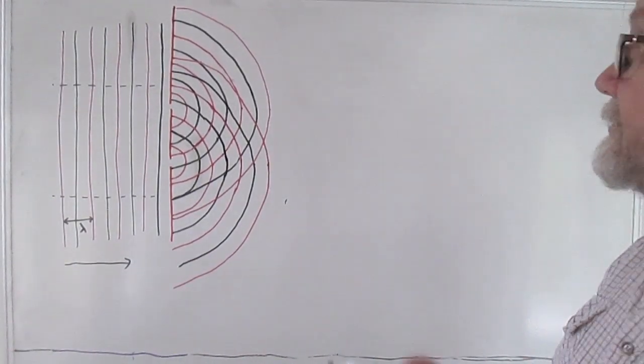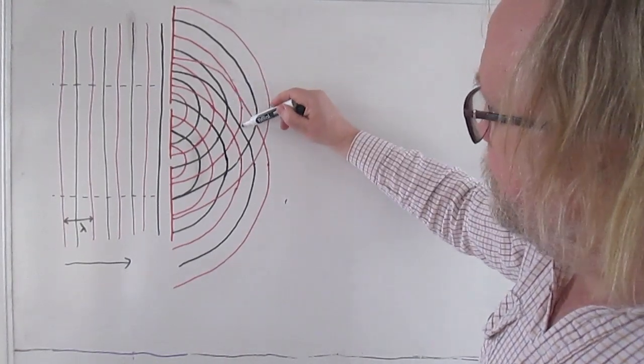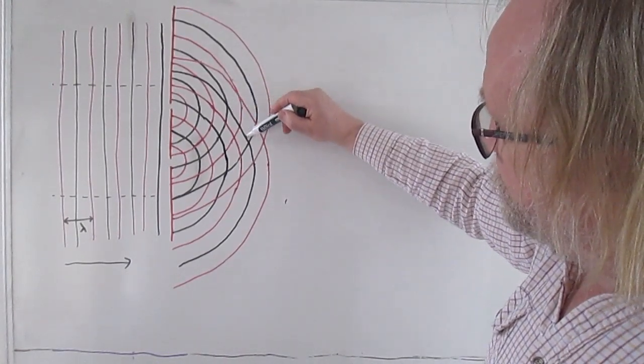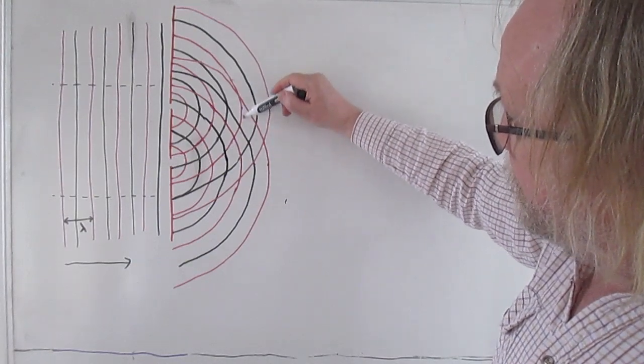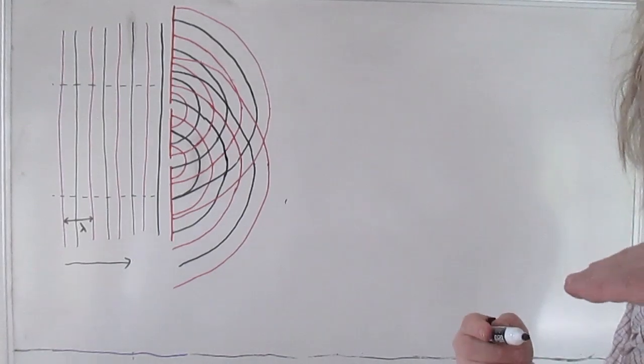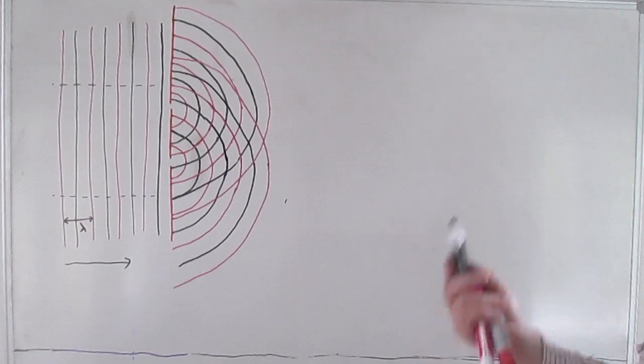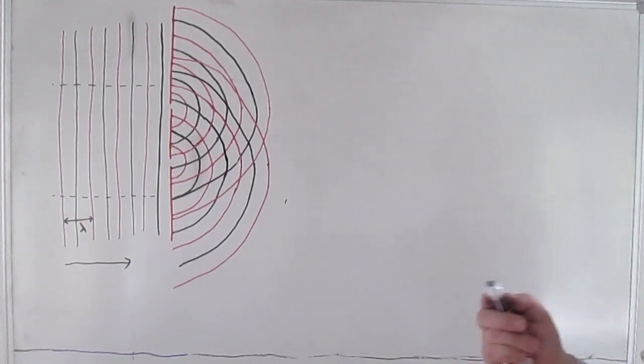That's constructive interference occurring at this point. But if we look at this point, we've got a trough here superimposed on a crest there, and so if they're at the same intensity, they will completely cancel each other out. If they weren't at the same intensity, they would partially cancel each other out, and that's destructive interference.